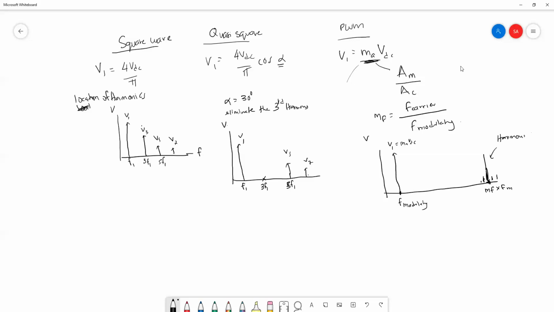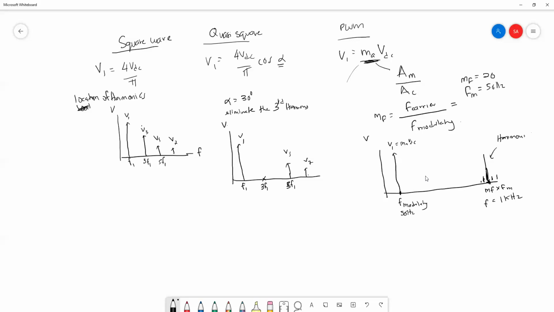For example, if you select MF equal to 20 and your FM is 50 Hertz, the harmonics will appear at 1 kilohertz, which is very far from the fundamental frequency of 50 Hertz.